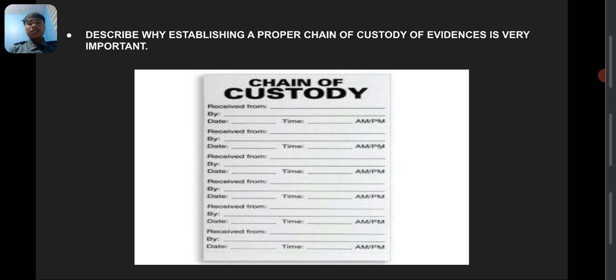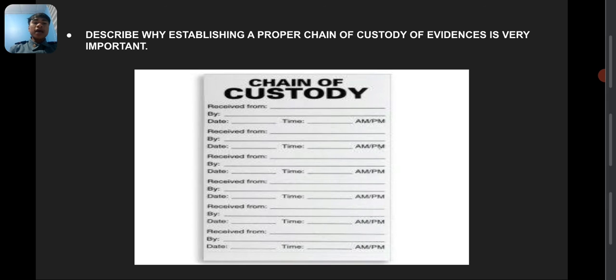This describes why establishing a proper chain of custody of evidence is very important. The chain of custody or evidence transmittal letter is a very important document that must accompany your evidence when submitting samples to the laboratory for analysis. This is especially true if the case goes into litigation.